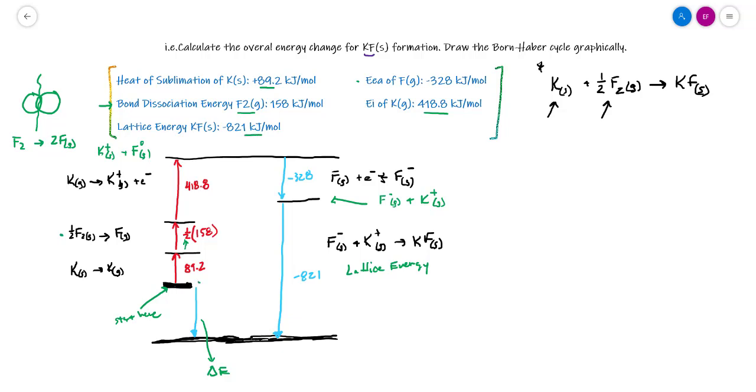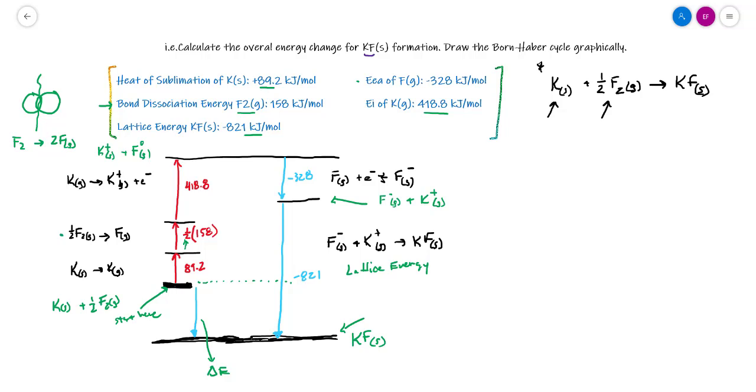And so we're comparing, right, where this intersects, because starting here, that was starting with potassium solid and fluorine gas. So the elemental forms that we'd find in the natural world, that's where we started in energy, and where we ended was actually lower than where we started, this down here being the energy of potassium fluoride.